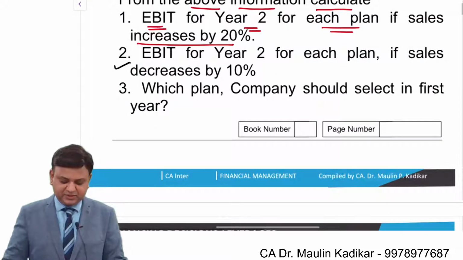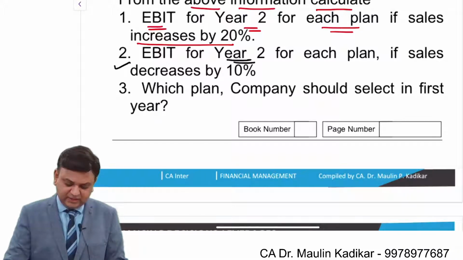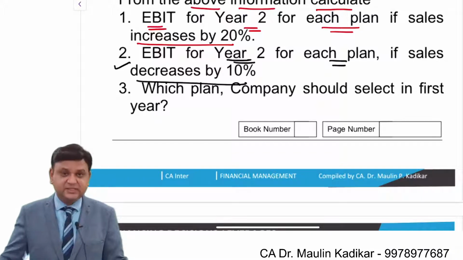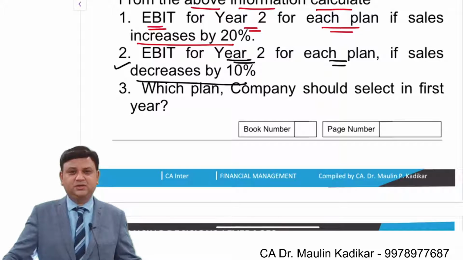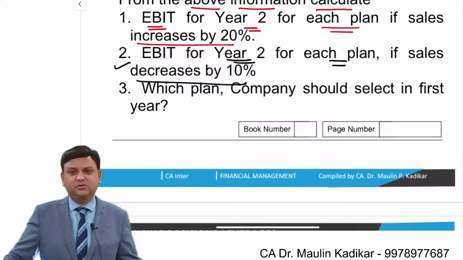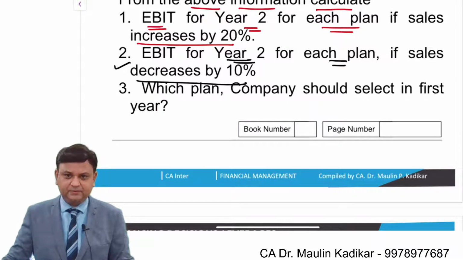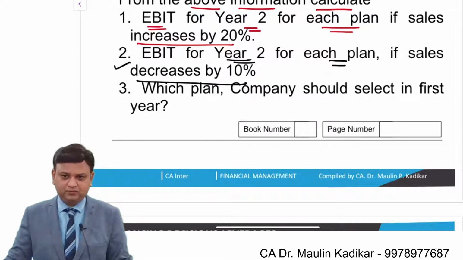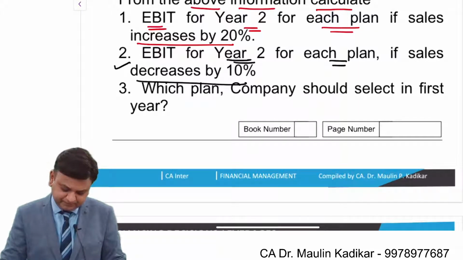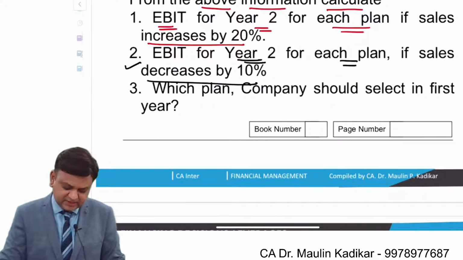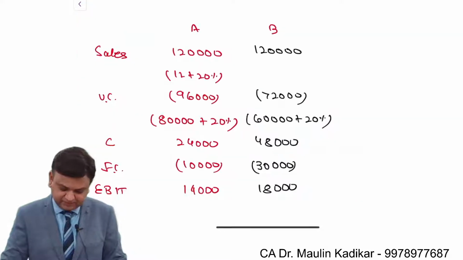Now second part of the question. Calculate the operating income for the second year for each plan if the sales decreases by 10%. Try to calculate answer on your own. Let us see. The sales decreases by 10%.